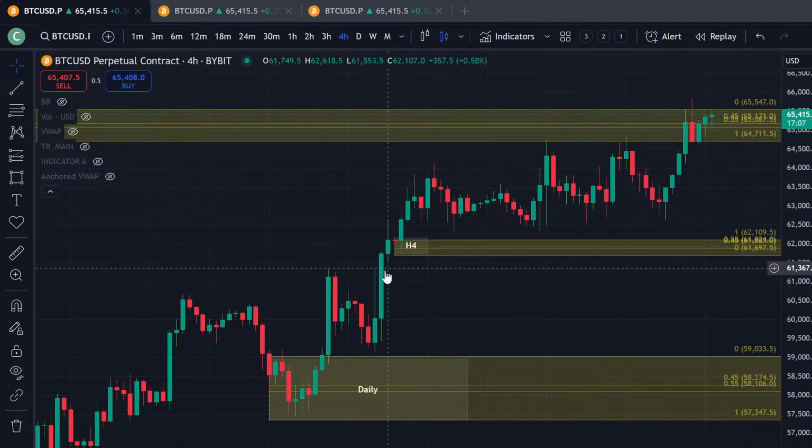So we had a push up, a lot of momentum pushing us up. We tried to go down with a bearish candle here. We had a further push up and a consolidation.